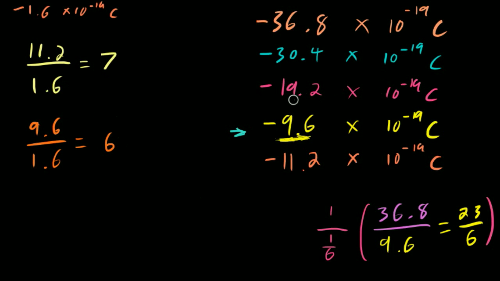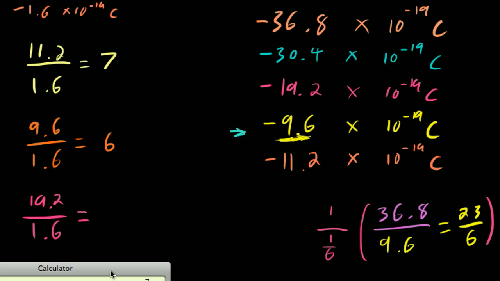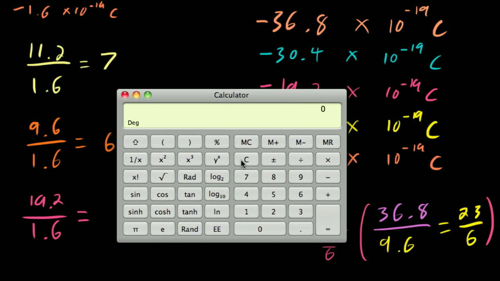And then let's do this 19.2 drop. 19.2 divided by our second guess, 1.6. And that gives us 12.